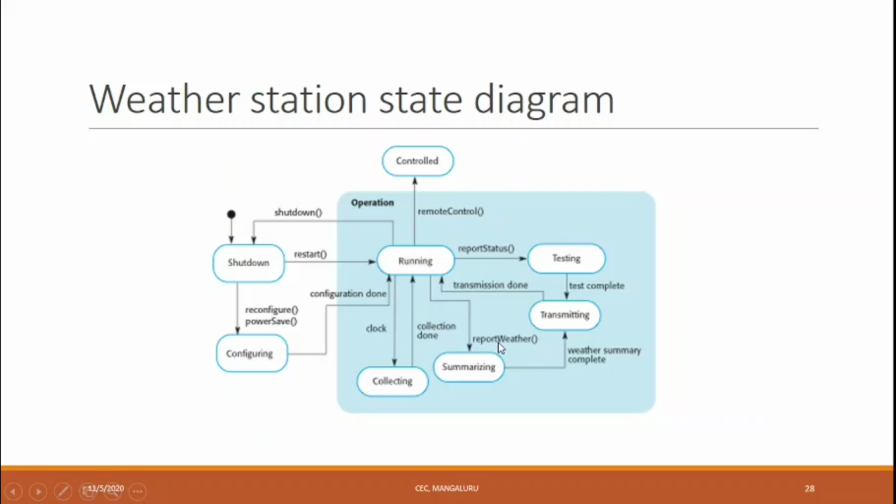When the summary is completed, the system moves to the transmitting state. When the information has been transmitted to the remote system, it returns to the running state. If a report status message is received, the system moves to the testing state.